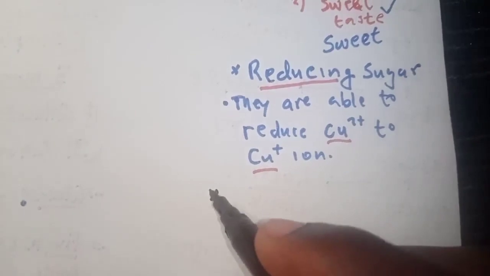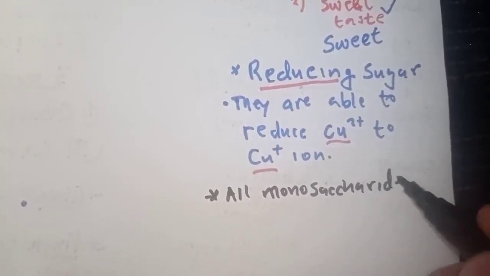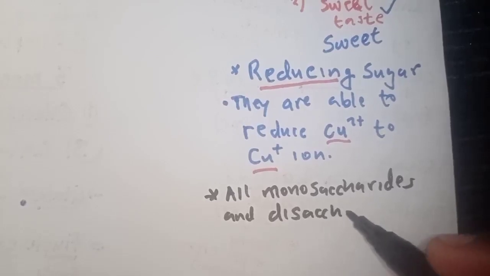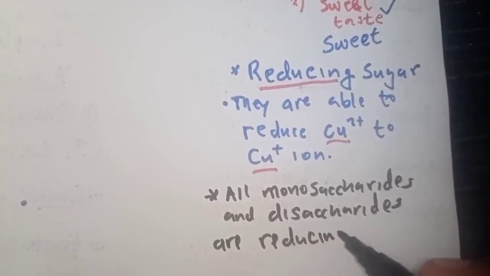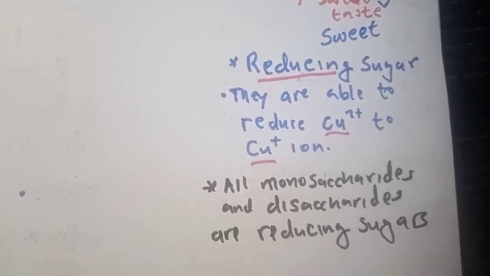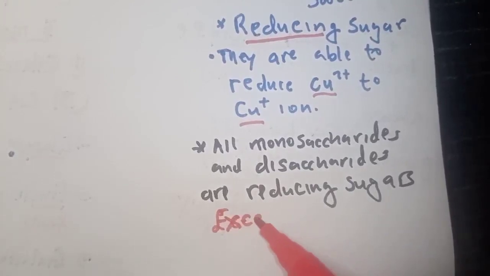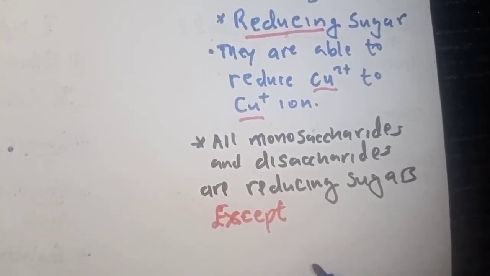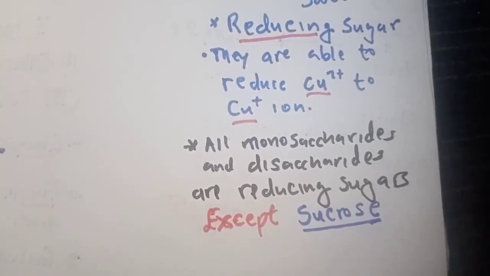Mark this. All monosaccharides and disaccharides are reducing sugars except sucrose.